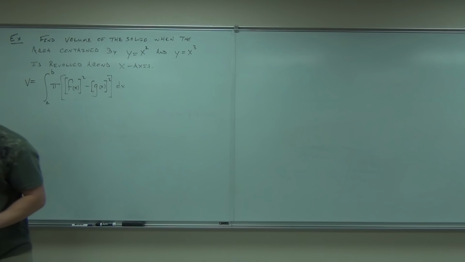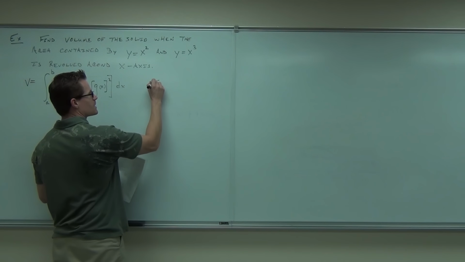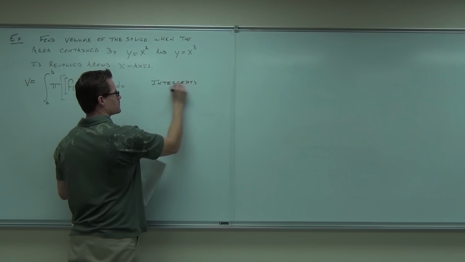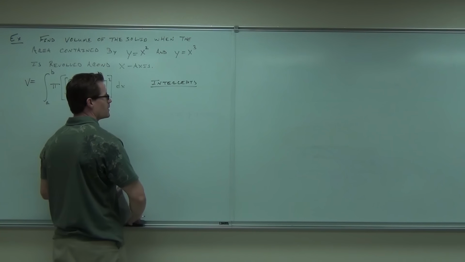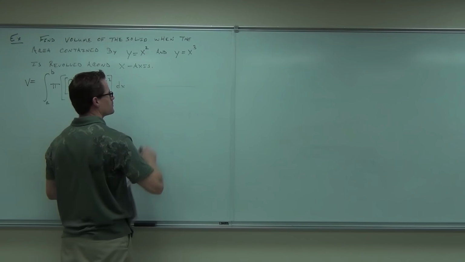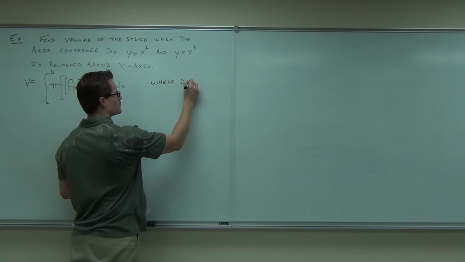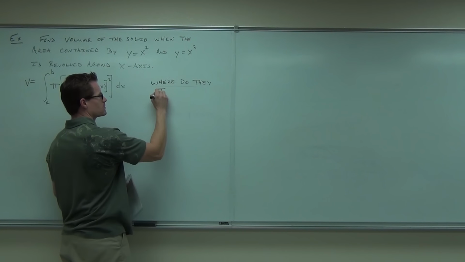Let's set these things equal to each other, figure out which one's on the top. So what we want to find is the intercepts. Where they intersect. By they, I mean the functions.